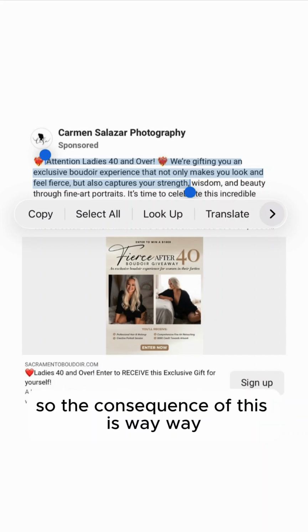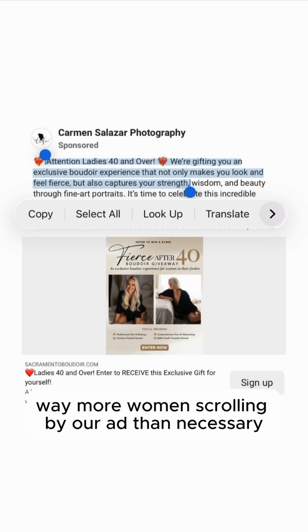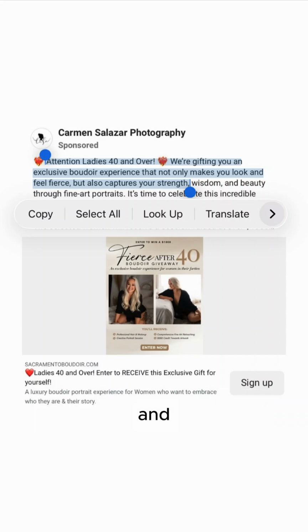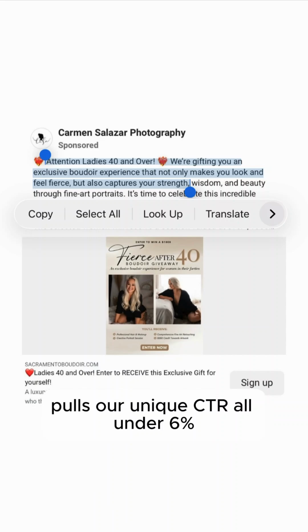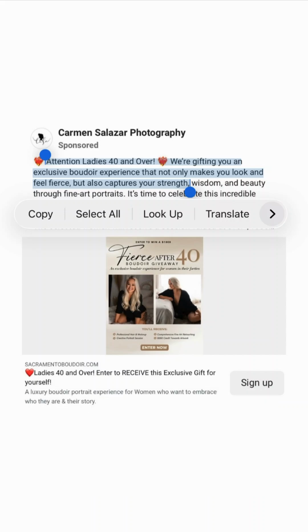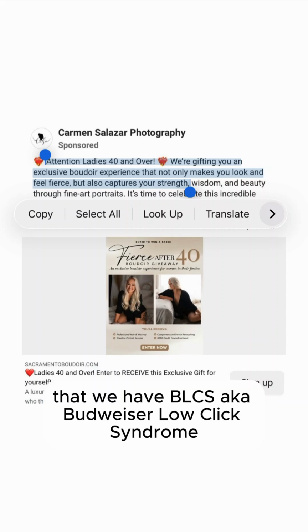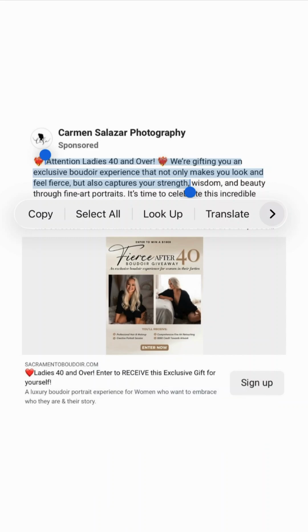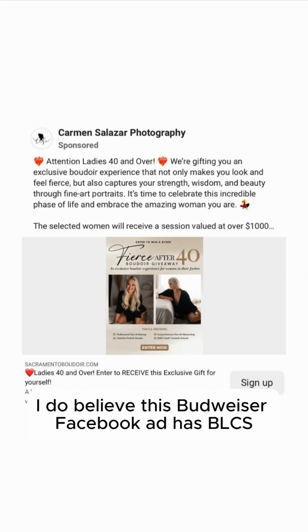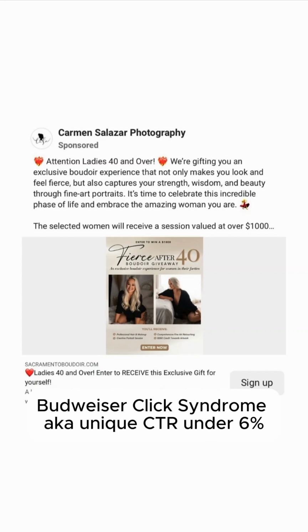So the consequence of this is way, way, way more women scrolling by our ad than necessary that we could have not had happen, and pulls our unique CTR under 6% and actually increases the probability that we have BLCS, aka Boudoir low click syndrome. So, after looking at all this, yes, I do believe this Boudoir Facebook ad has BLCS, Boudoir low click syndrome, aka a unique CTR under 6%.